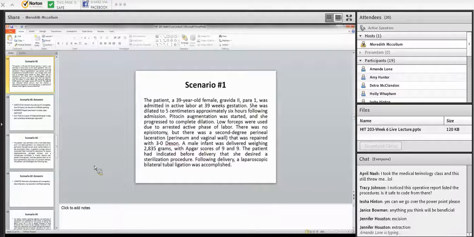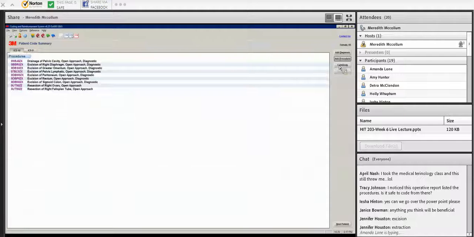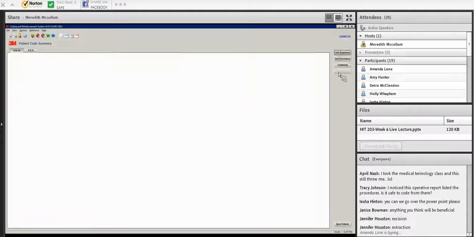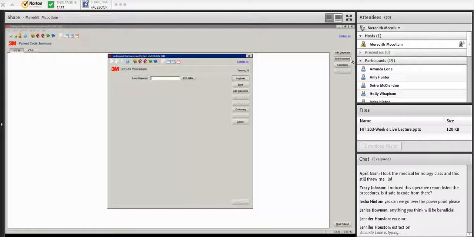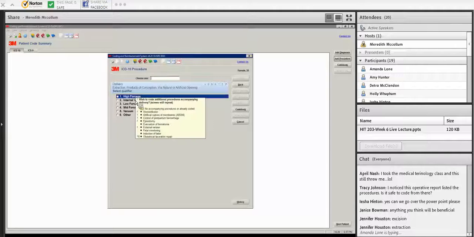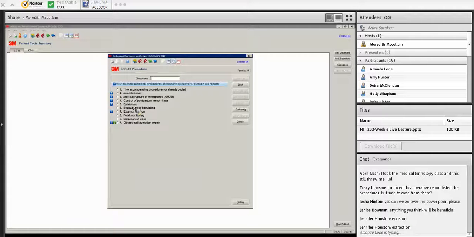Let me go to the next patient, because I need to make her of baby making age. Okay, so first thing they did was a delivery. They delivered the baby. It was a vaginal delivery extraction. They did a low forceps delivery. Some places would pick up the induction of labor.